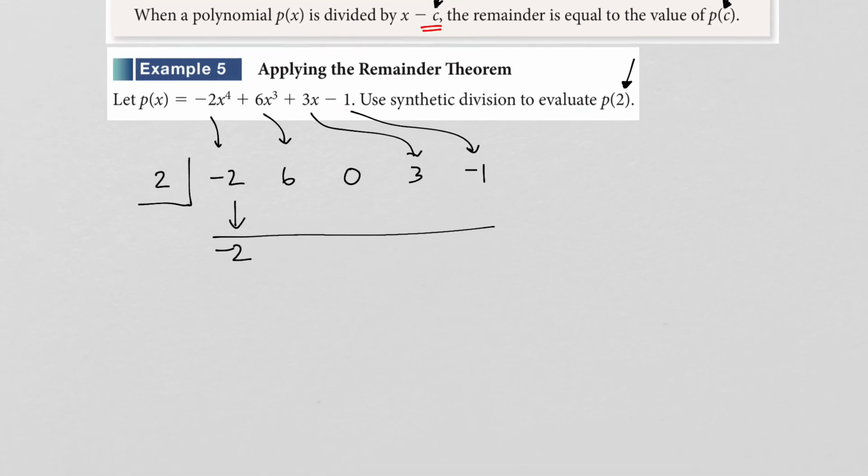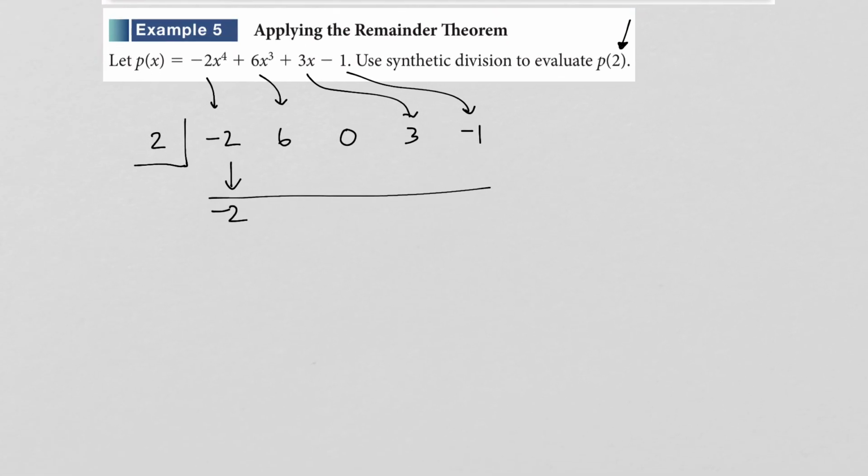The -2 here comes down below the line. And now we start the synthetic division process. So we'll go through it again. We multiply 2 times negative 2, which is negative 4. Then we add 6 and negative 4 to get positive 2. Then 2 times 2 is 4, and we add these together and get 4.